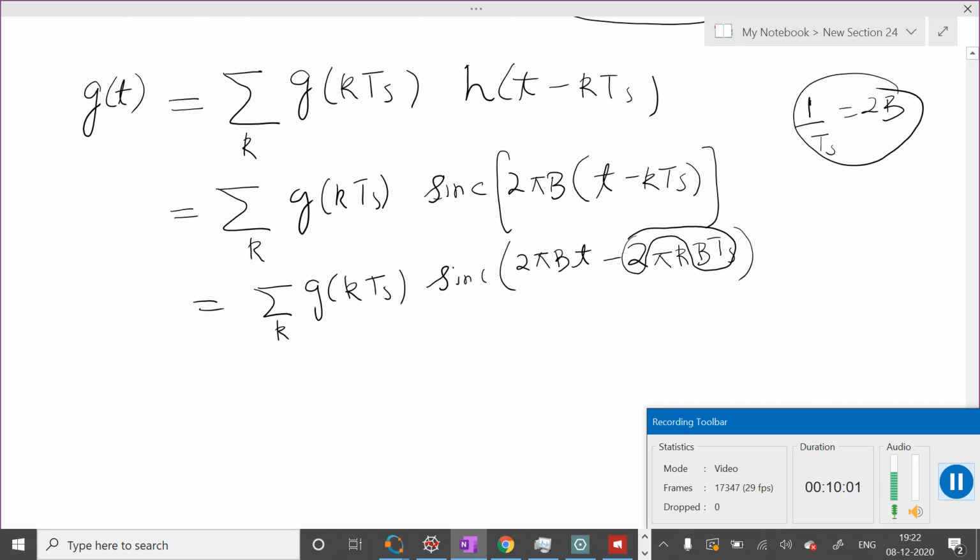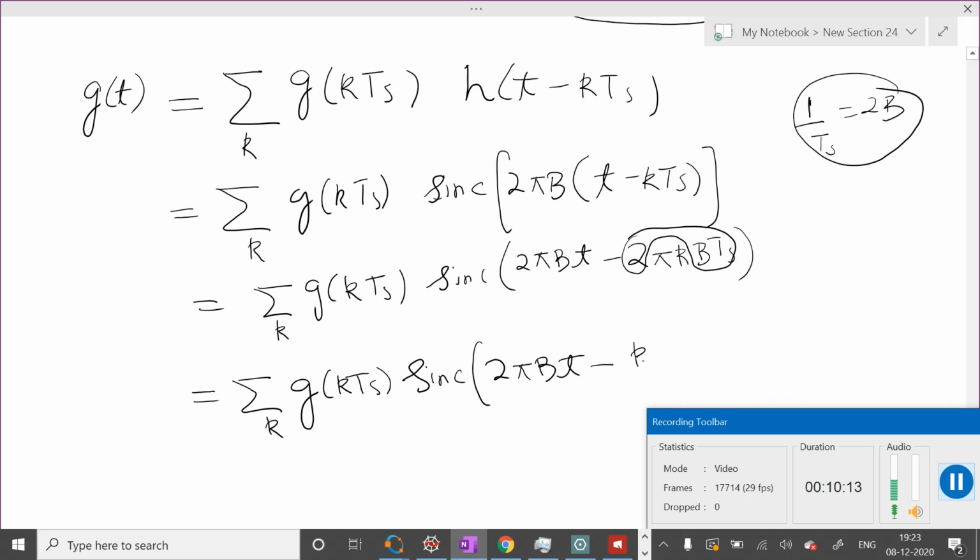So it simplifies to sinc of 2 pi Bt minus k pi.